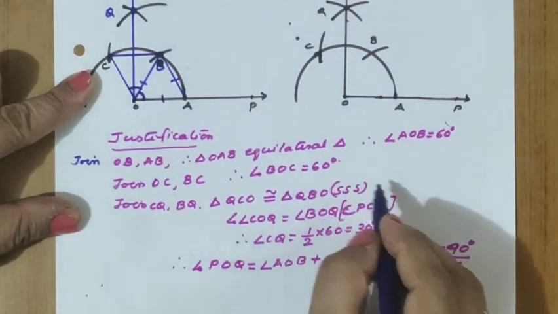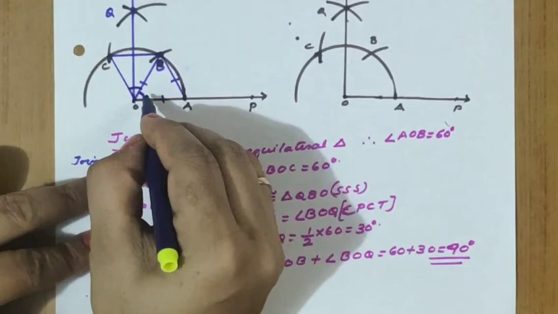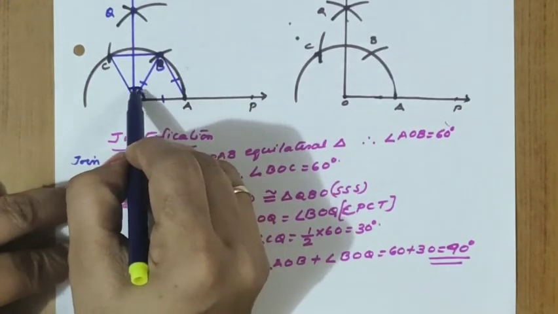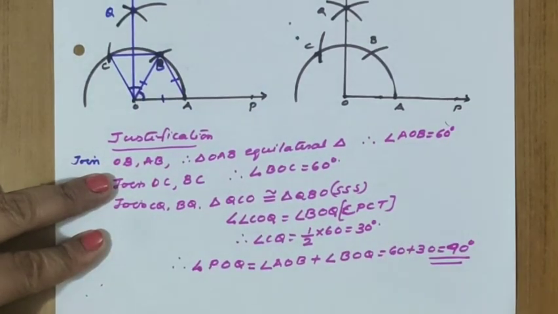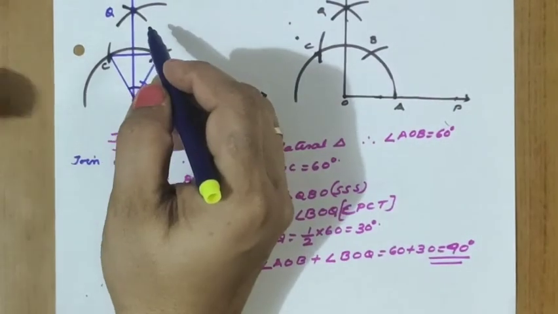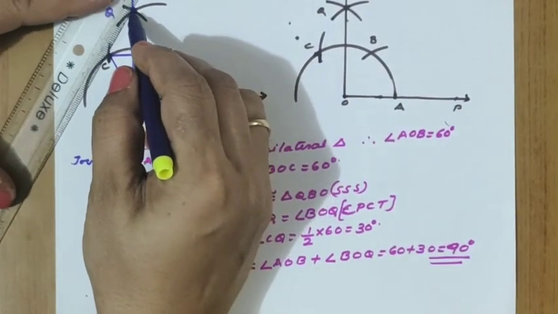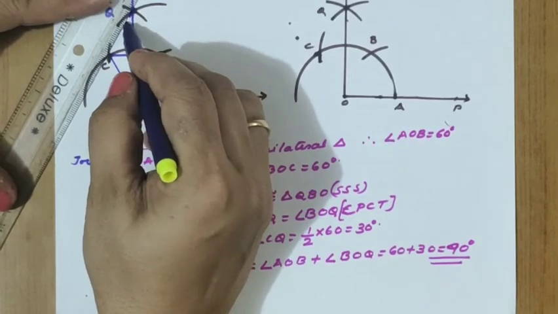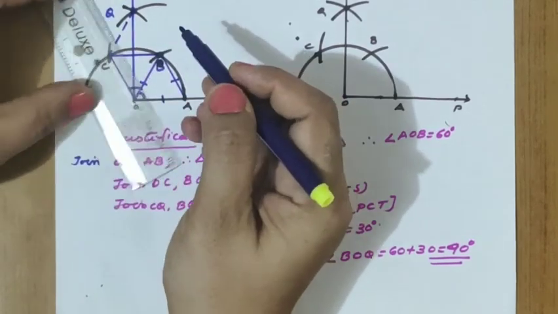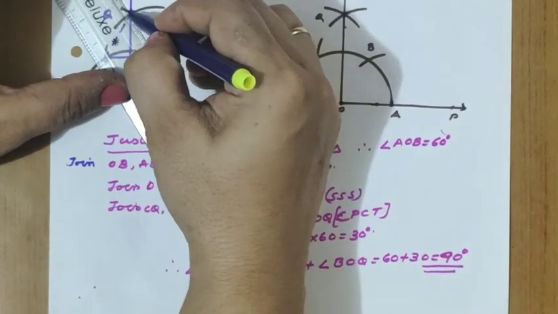So angle BOC equal to 60 degree. So this is already 60 degree and this angle is also 60 degree. Now we have already proved the angle bisector concept. What is that concept? Let me join CQ and again BQ.